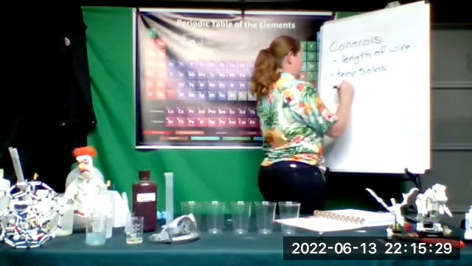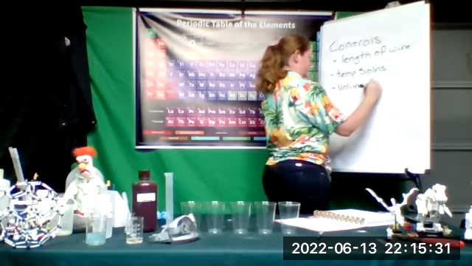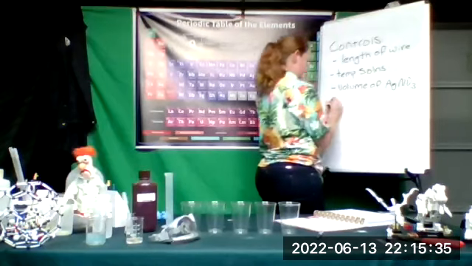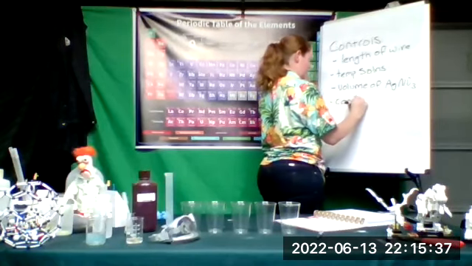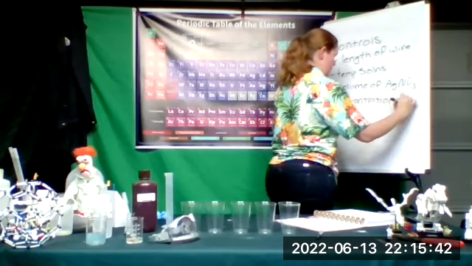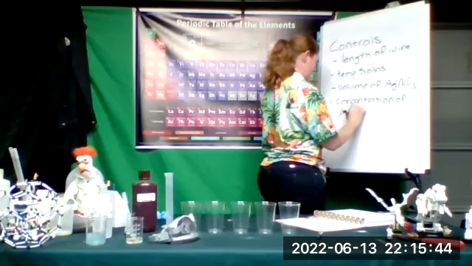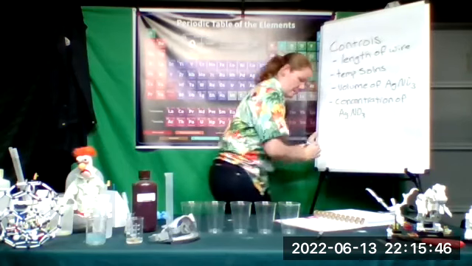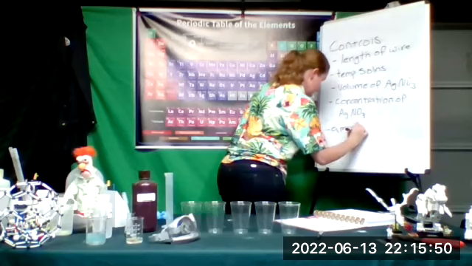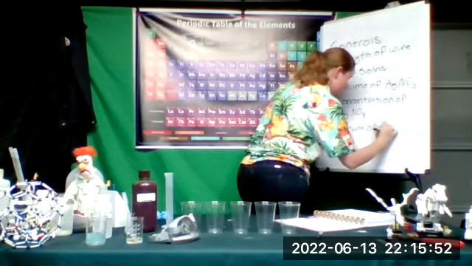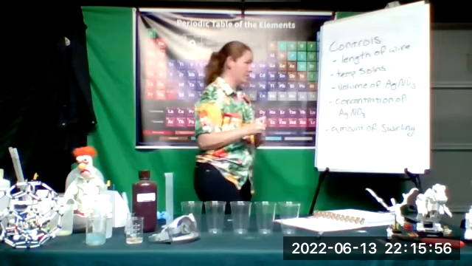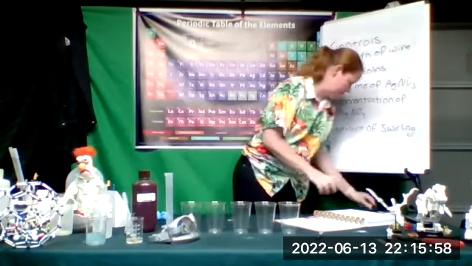Okay, the volume of my silver nitrate, the concentration of silver nitrate, and finally, the amount of swirling. Okay. So those are the things that I'm controlling.